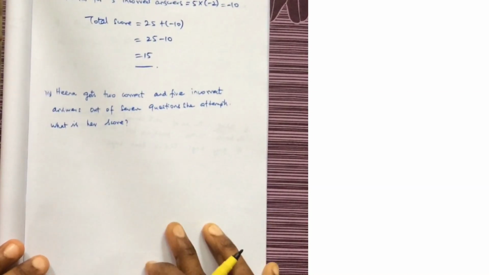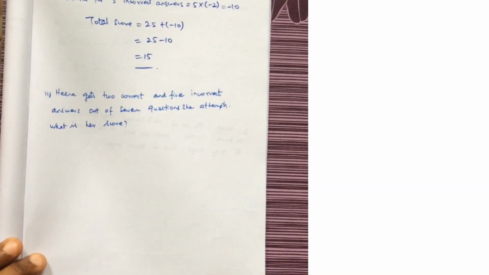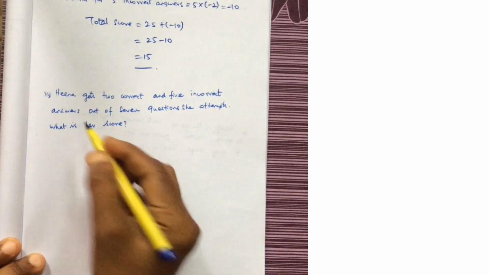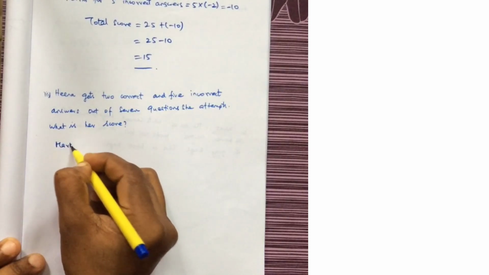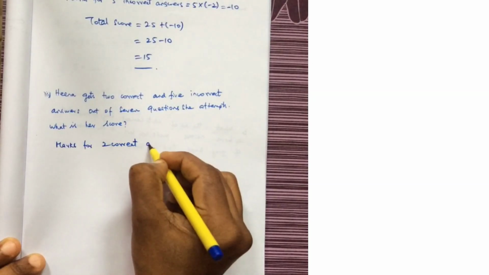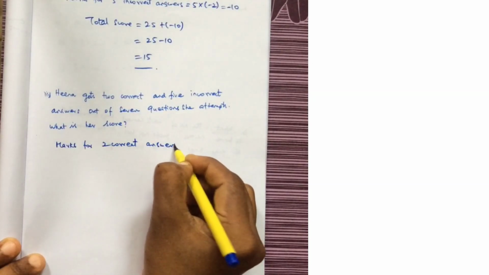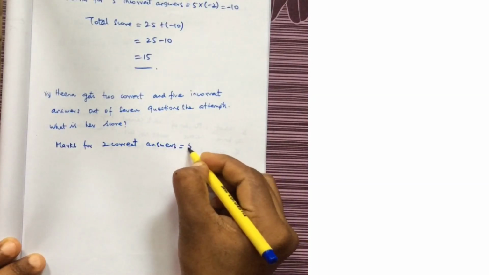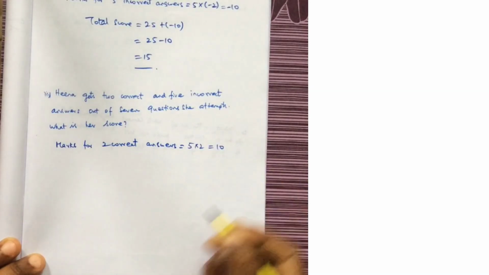Okay, the next problem is Hina gets 2 correct and 5 incorrect answers out of the 7 questions she attempted. What is her score? The same thing, marks for 2 correct answers, that is 5 multiplied by 2, that is 10.